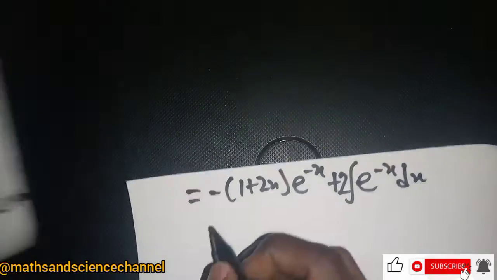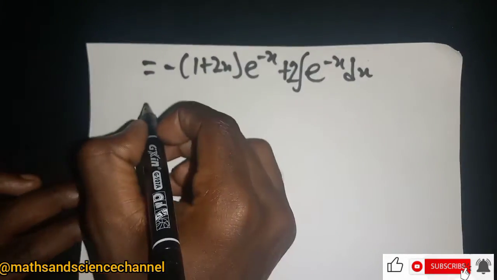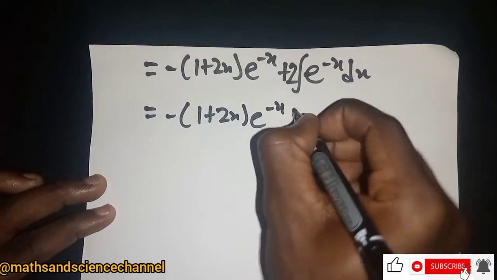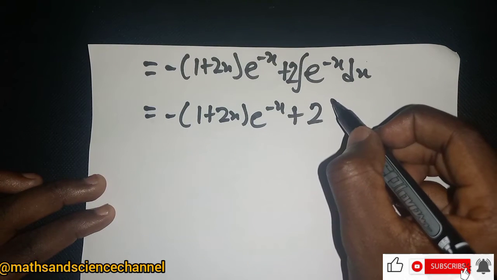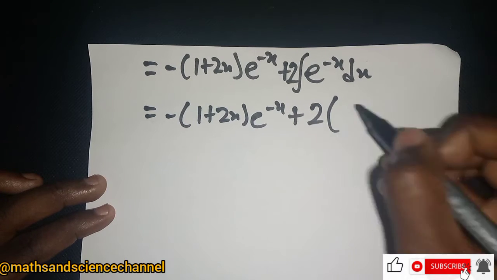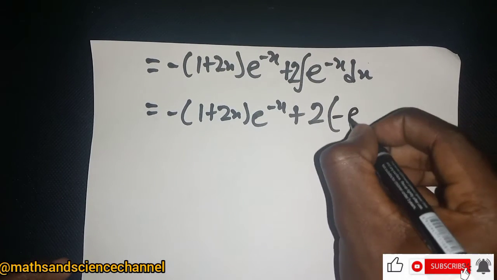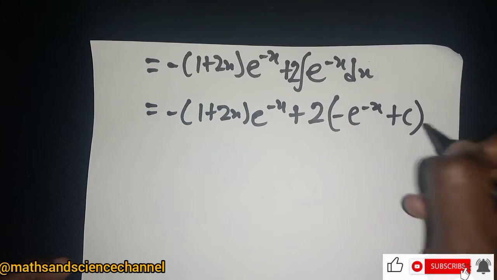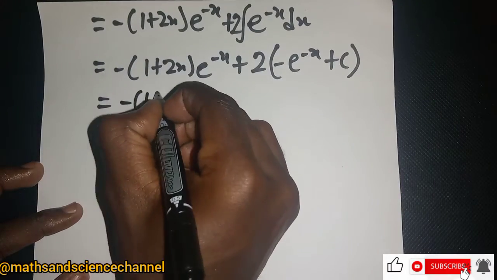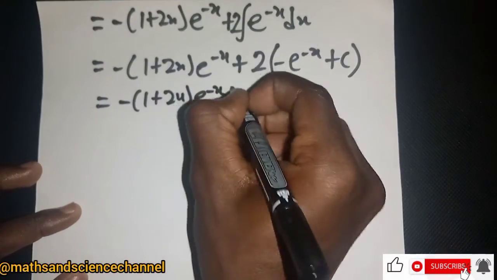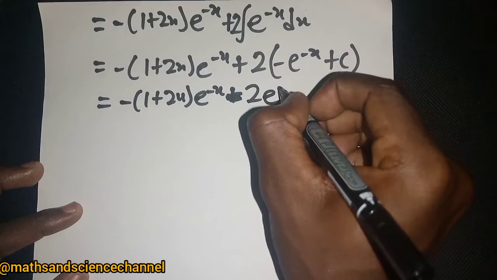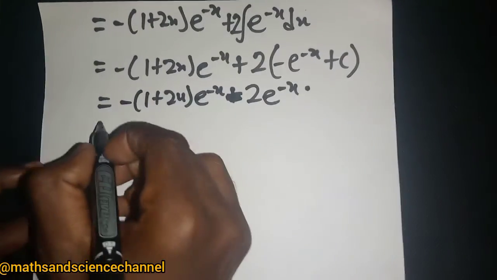Integrating that, we have negative (1 plus 2x) e to the negative x, minus 2 e to the negative x plus c.